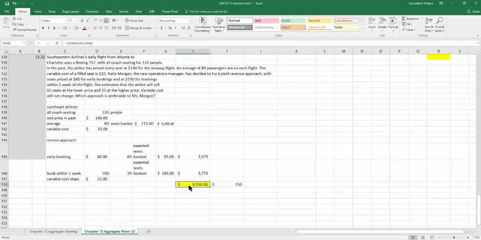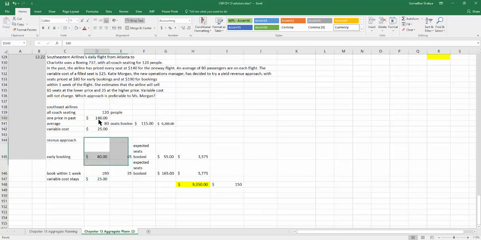Because in this case, for example, Katie Morgan is able to make $150 more than the last manager's term, when uniform pricing existed. So it's more about effort versus rewards. However, with Katie Morgan's approach, they can certainly make more revenue by charging different prices for different seating arrangements.